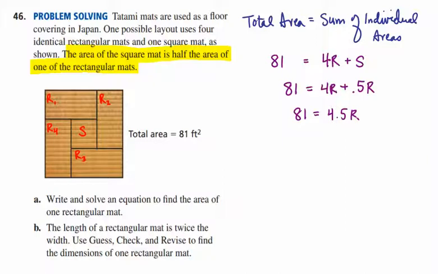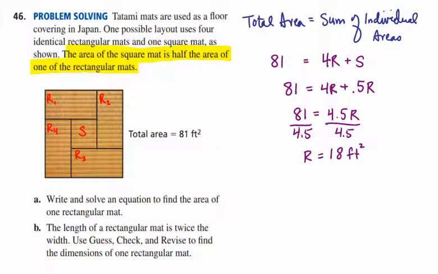That's what that means. 81, the total area, is equal to 4.5 times the area of each rectangular mat. Now we know how to solve this. We're simply going to divide both sides by 4.5. And therefore R is equal to 18 square feet.